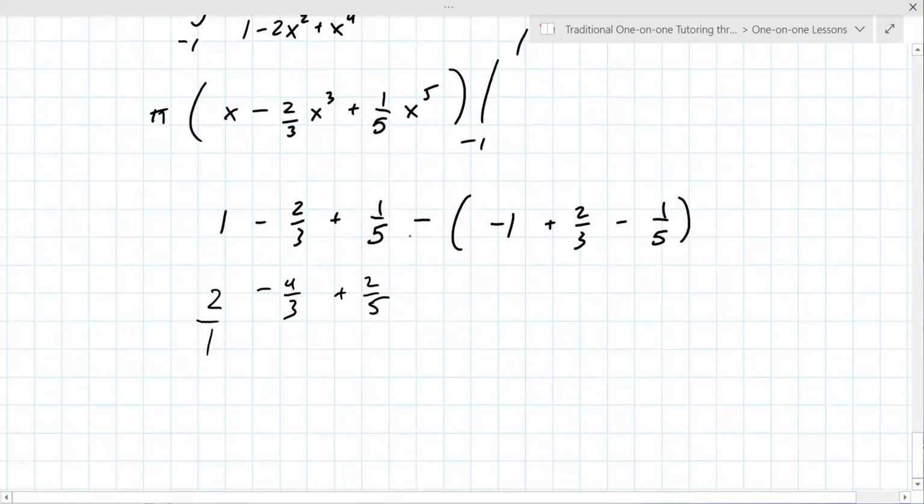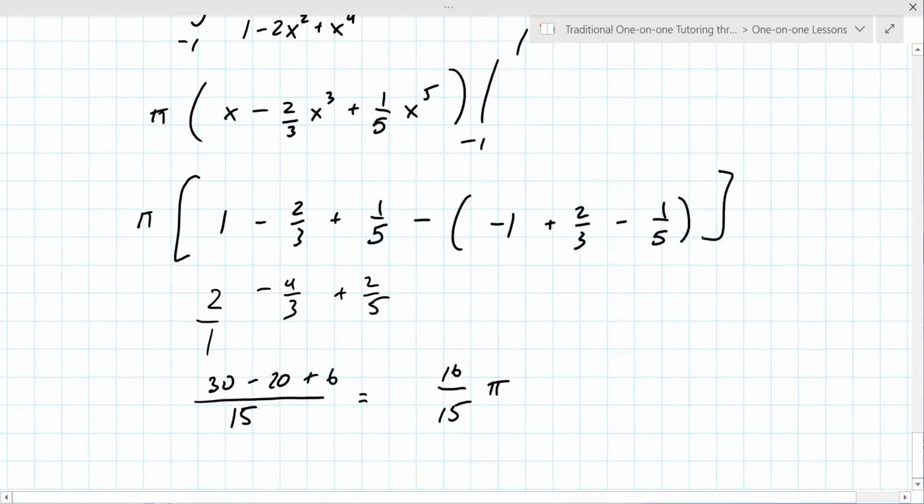I wouldn't necessarily do it from the beginning because I don't even know what it would be, but it's 15 in this case. So 30 minus 20 plus 6. So maybe 16/15 pi. Possible there's a mistake there in evaluating, but it should look something like that when you're all done.